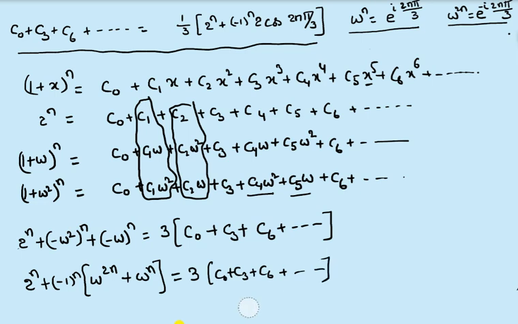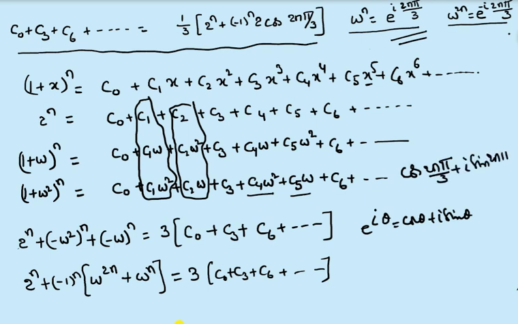But at the same time, what is omega power n, omega power 2n? As I discussed, e to the power of i theta can be written as cos theta plus i sin theta. So that's why this can be written as cos 2n pi by 3 plus i into sin 2n pi by 3. Whereas this one can be written as cos 2n pi by 3 minus i sin 2n pi by 3.